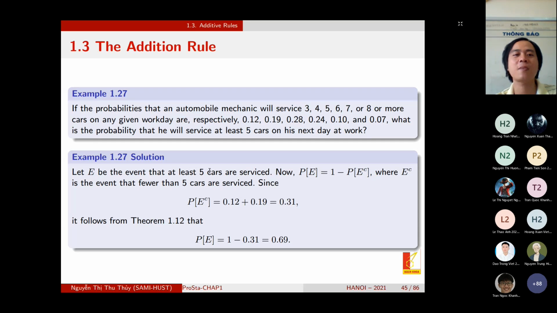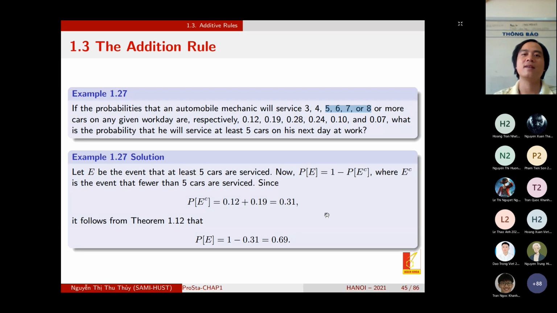Greater than or equal to 5? So we have 2 or 3, 4, 5, 6, 7, and 8. So greater than or equal to 5, what does that mean? We have 5 or 6 or 7 or 8. So we have 4 different cases.